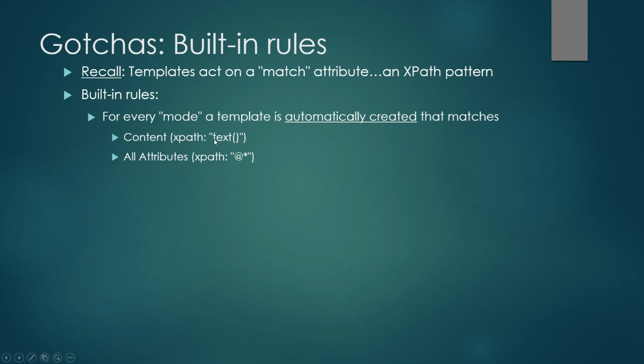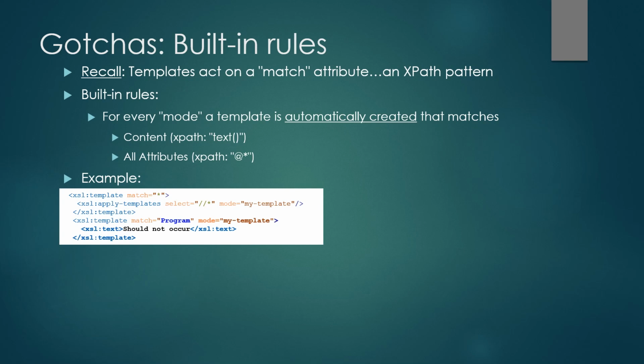And remember, text was the content, the stuff in between tags, and sometimes whitespace if you're not careful, right? So you get one of these every time you make one, and they will pop up in the weirdest places. Let's look at an example. Here is a fairly small little thing, okay? And it just says, here's a top level template that matches anything.